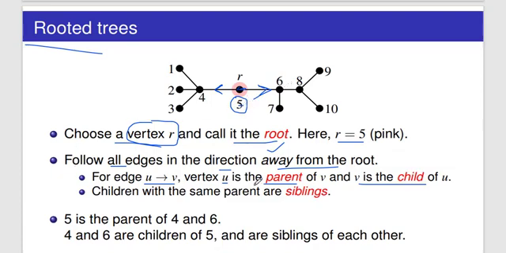Children with the same parent are called siblings, brother and sister.